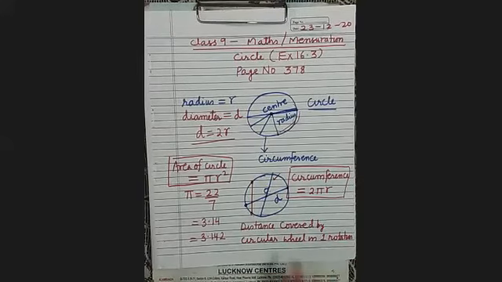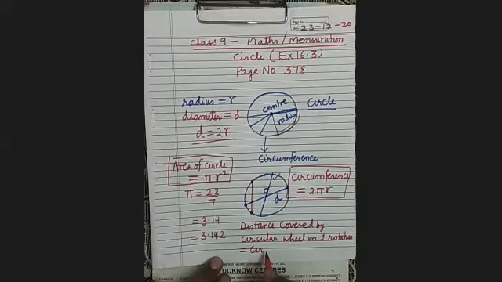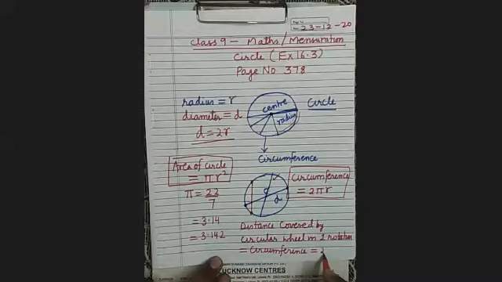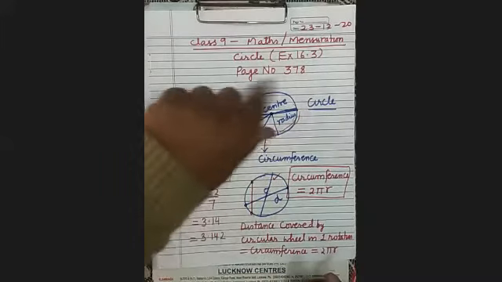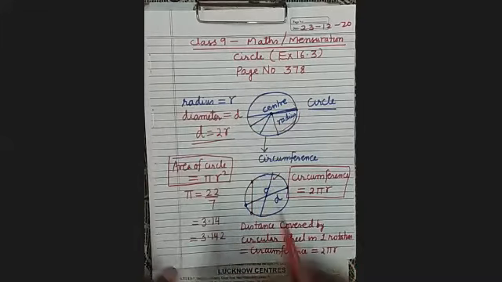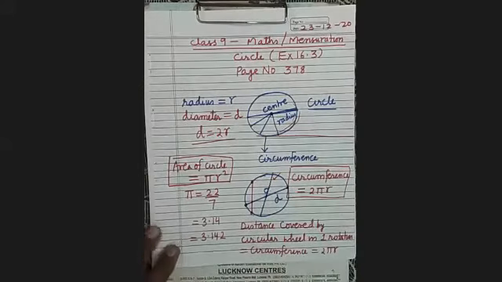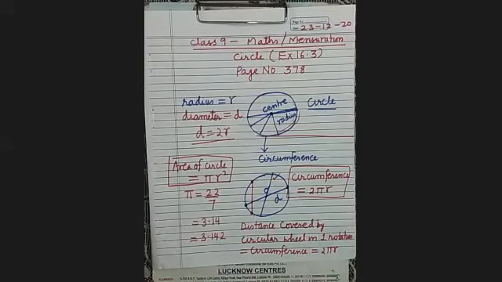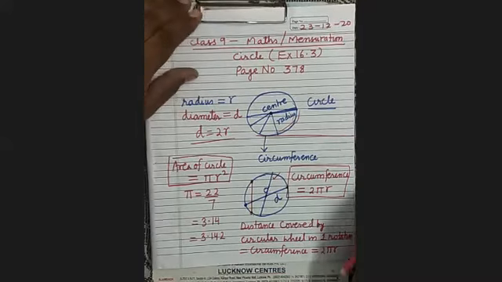So it will be equal to circumference. That is 2 pi r. Meaning how much distance will the circular wheel travel on the road in one rotation? So it will be equal to 2 pi r. It's clear? So these are two formulae of circle. After this we will see semicircle.